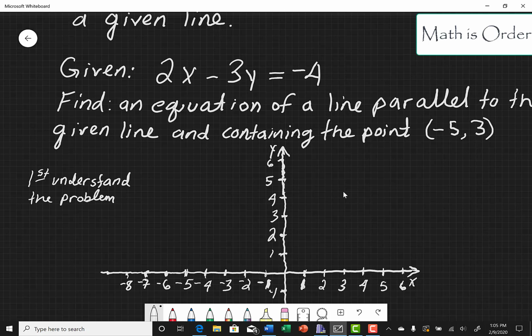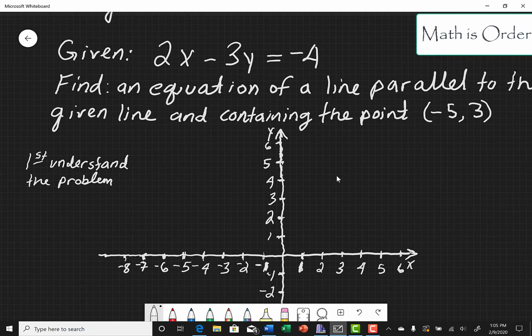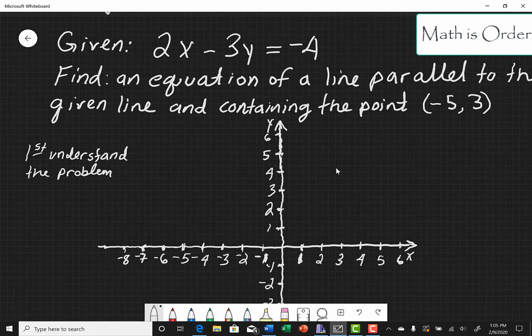The quickest way probably to sketch the graph of an equation is by finding the intercepts. So let's go ahead and find the x and y intercepts. So for the x-intercept, we're going to let y be 0.